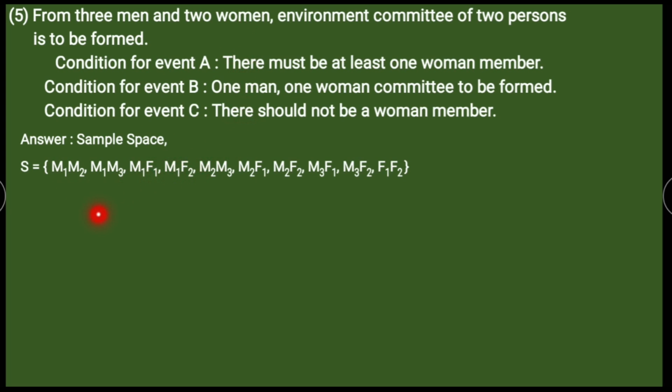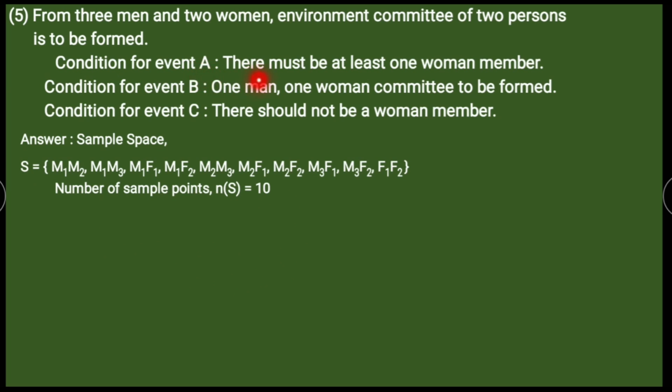So see the sample space: M1 M2, M1 M3, M1 F1, M1 F2, M2 M3, M2 F1, M2 F2, M3 F1, M3 F2, F1 F2. So the total number of sample points, that is n of S equals 10.